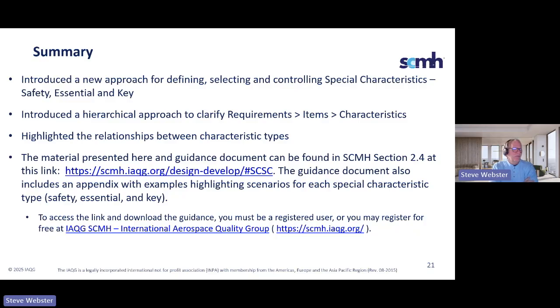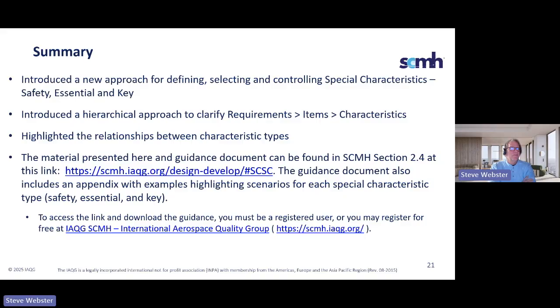I know the title of the guidance says selection and control of special characteristics, but when the group was put together for this project, it was originally a defining project, and we expanded the scope of what we were doing to include defining, selecting, and controlling. And in the end, selection and control was the ultimate strategy that we wanted to make sure of, because a lot of the issues that we've had in aerospace and defense is picking the right characteristics and understanding categorically how to handle those.